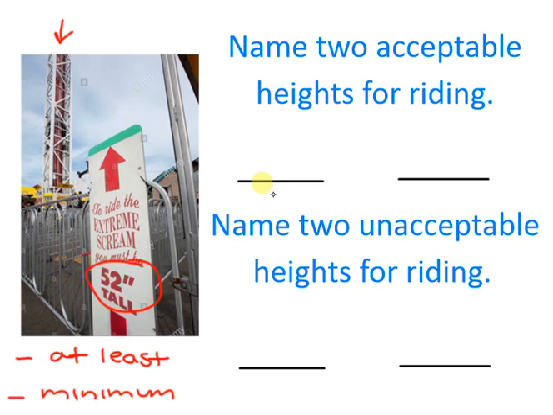So what are 2 acceptable heights for riding? Okay, so one acceptable height for riding could be 60 inches tall. Another acceptable height for riding could be 54 inches tall. And so any answer that you put here that is more than 52 inches tall or exactly 52 inches tall would be acceptable.